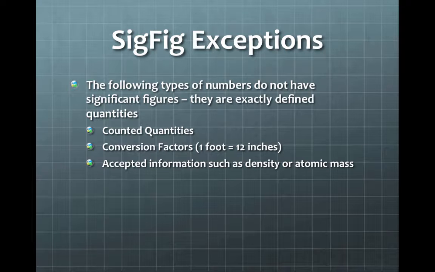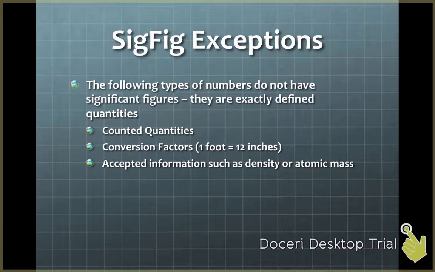If I walk around a classroom and I have 12 students in the room, it doesn't matter if I write it as 12 or 12.0 or 12.00 or 12.000. It doesn't matter how accurate I am, because 12 people is 12 people. You can't have half a person. So counted quantities do not have significant figures.